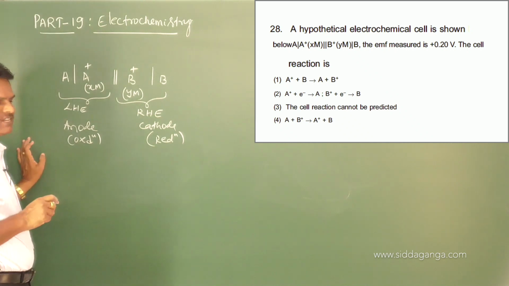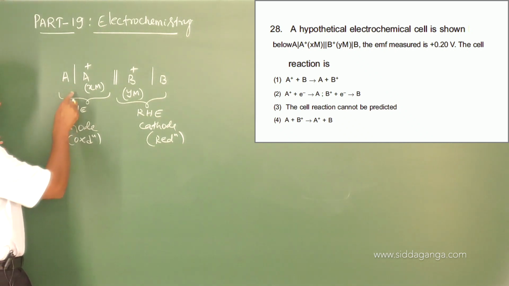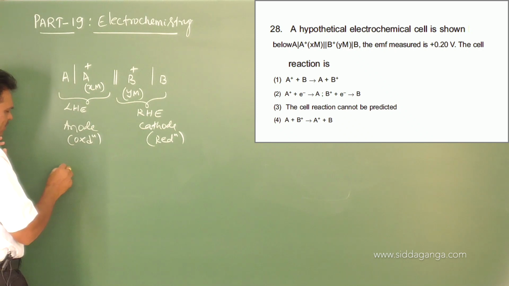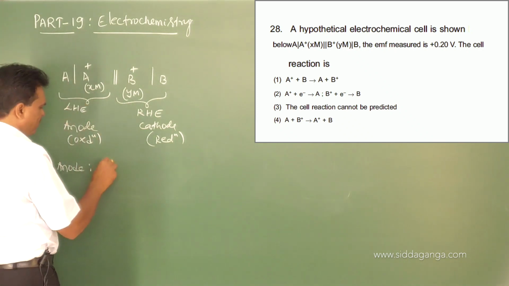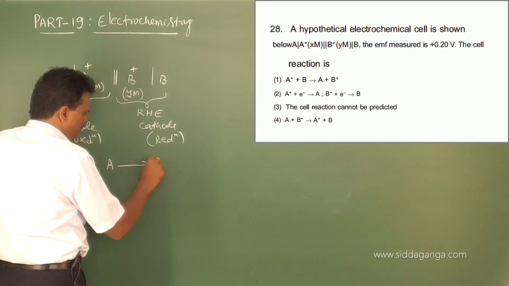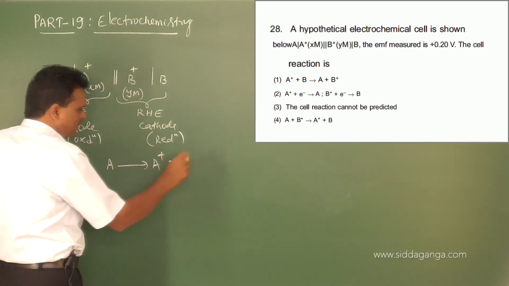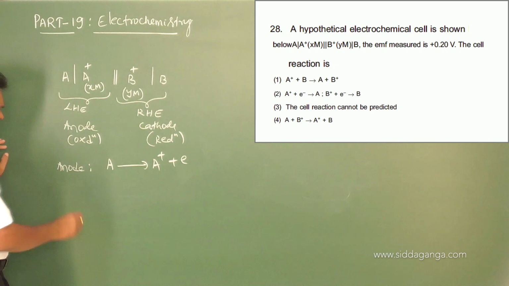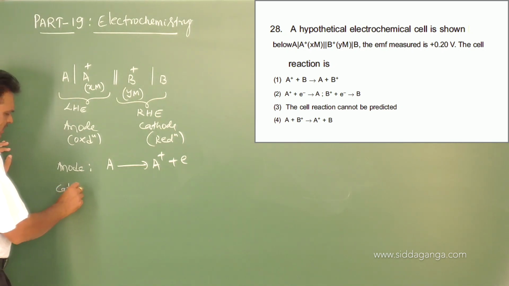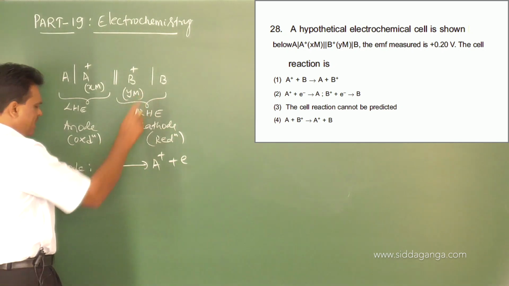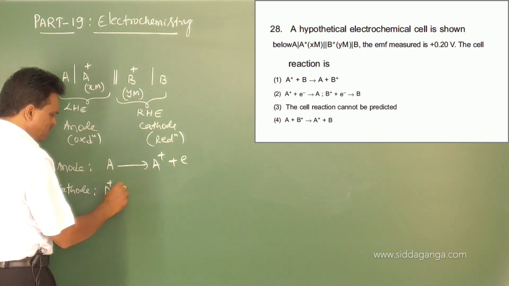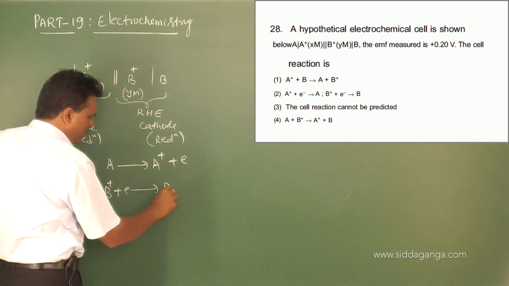At anode oxidation reaction takes place, so A is changed to A plus plus 1 electron. And at cathode, reduction reaction takes place: B plus plus 1 electron converted into B.